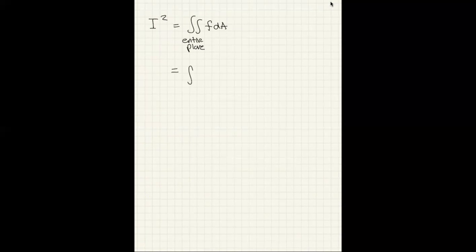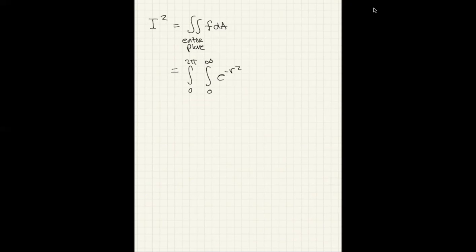So we said theta is going from 0 to 2 pi, and r is going from 0 to infinity, and we're integrating e to the negative r squared dA. Now here's the magic. The area element has that r factor. And so when a u substitution wasn't possible before, it is possible now, because you can see how the cancellation is going to work. This r is our saving grace.